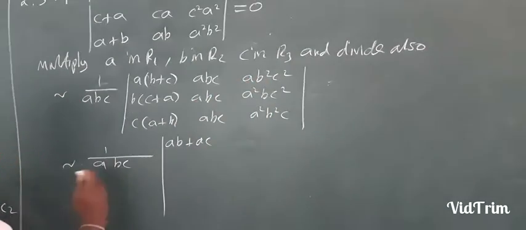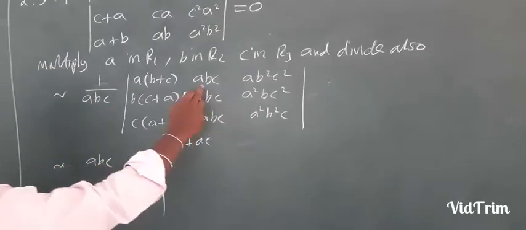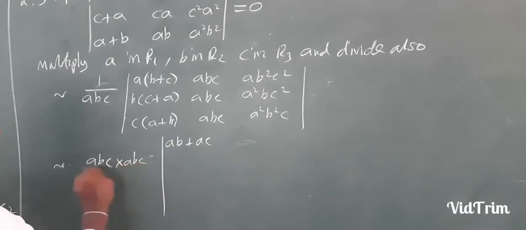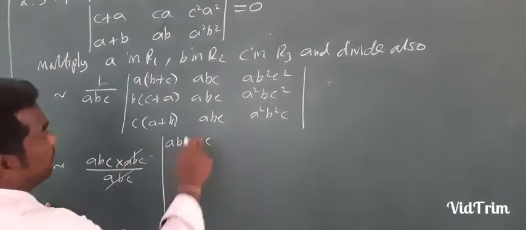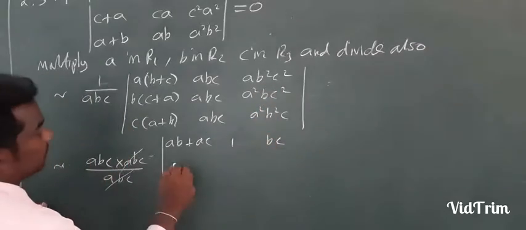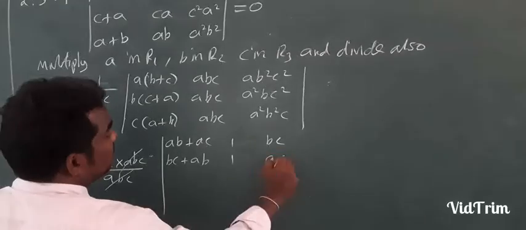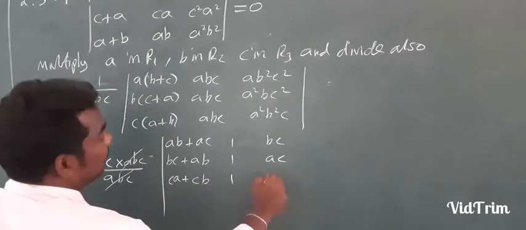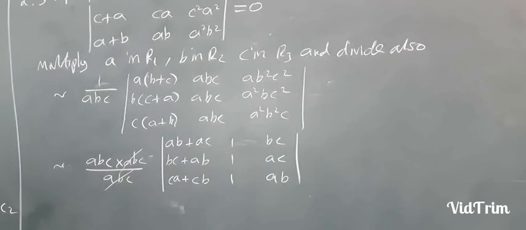So you take the common term, that is abc, 1, and another term having the same, that is abc by abc. Here one abc cancelled. The remainder term is 1. Here bc only remains. Here bc plus ab, 1. Here ac and ca plus cb, 1, ab. That is the remainder matrix.